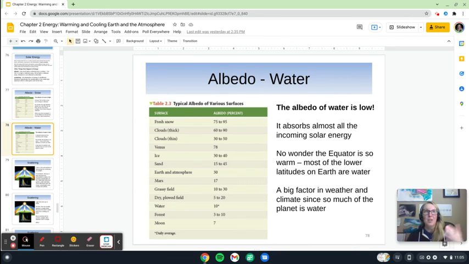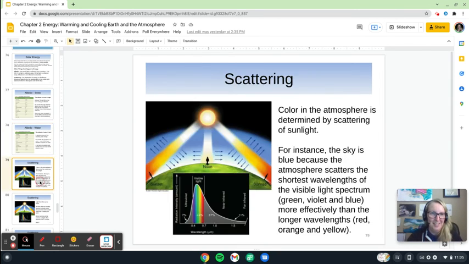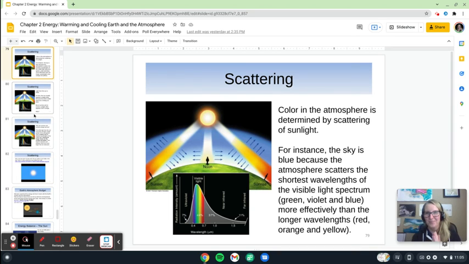So the water surface keeps absorbing all of that solar energy hitting it, even though it has a high heat capacity, so it takes a long time to change. The albedo of your surface really affects the heating you get during the day, because of differential heating and how much energy your surface is absorbing.